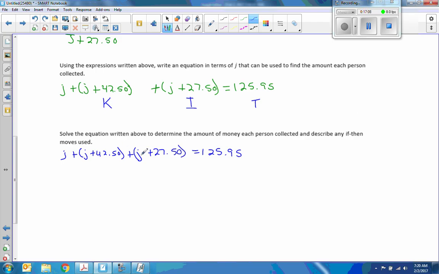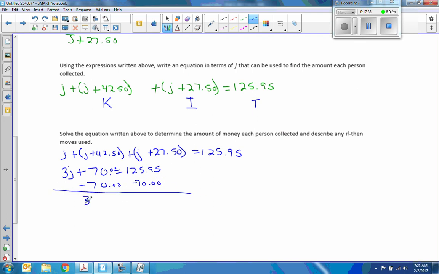Combine like terms, J plus J plus J, there's 3 J's, plus 42.50 plus 27.50 is 70, equals 125.95. Okay. So then I would subtract 70 from both sides.